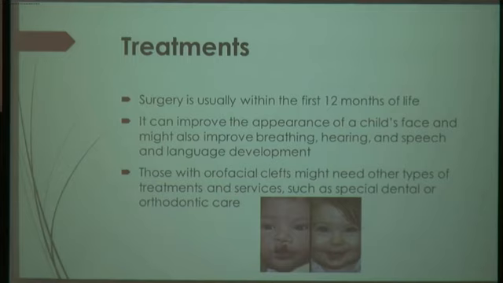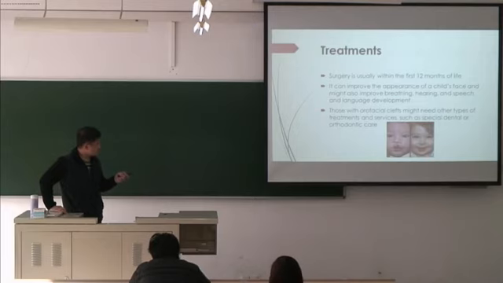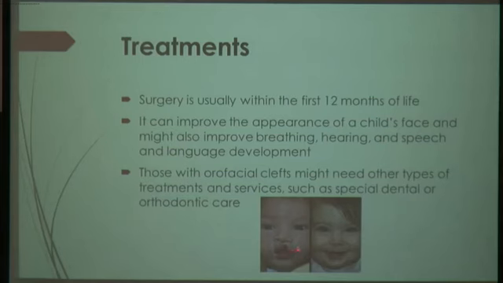And these are some mild ones. Those with orofacial clefts, as they're called, have a wider cleft opening. As you can see, this opening is only local, very close to the mouth here. But if the opening is wider, reaching the nose or eye area, it's a very big opening.